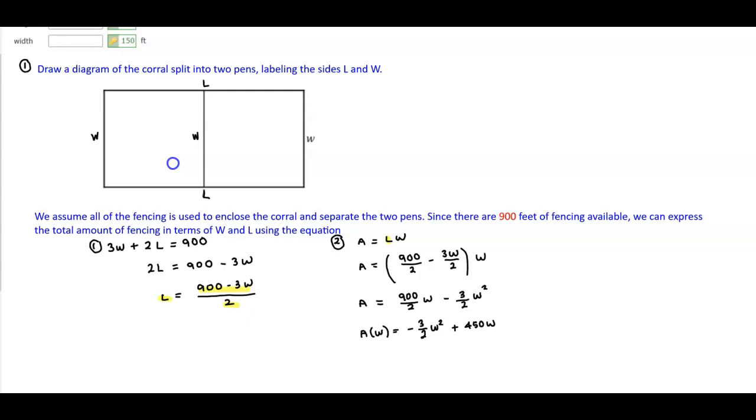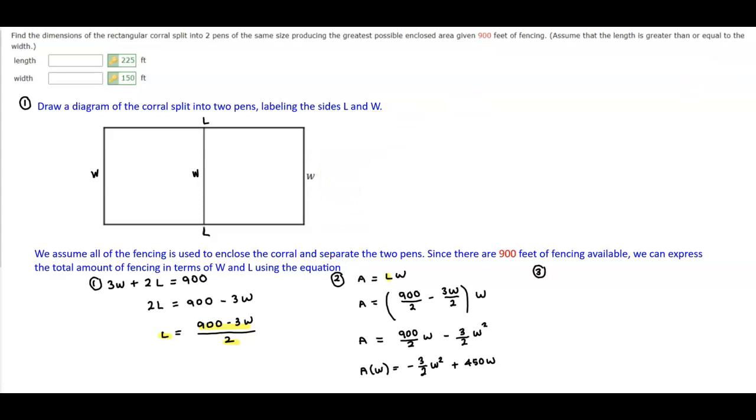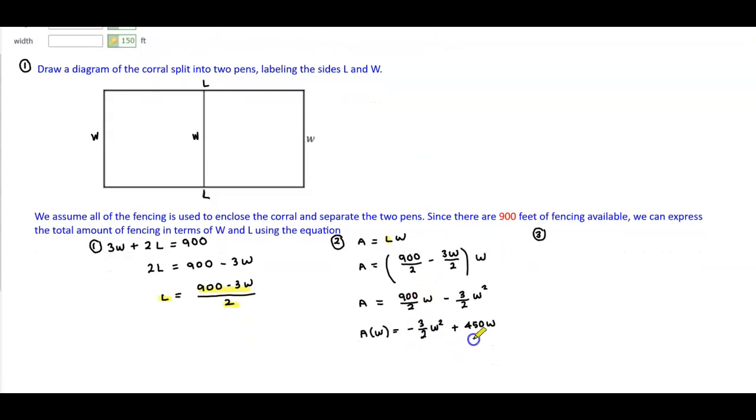Now, if you take a look, we have a quadratic equation. In order for us to figure out the greatest or maximum possible enclosed area and find the dimensions, we need to use the vertex. First we look at the value of A, which is negative 3 over 2.